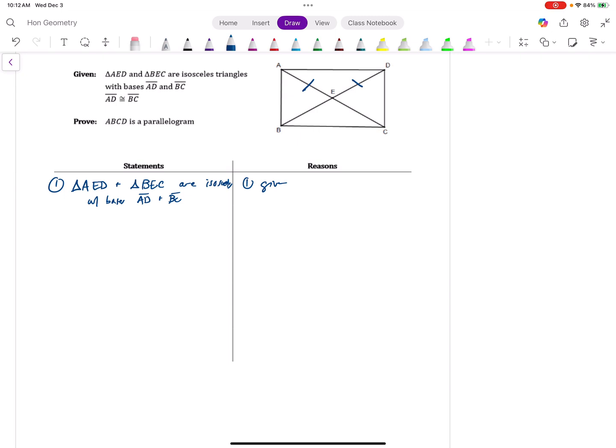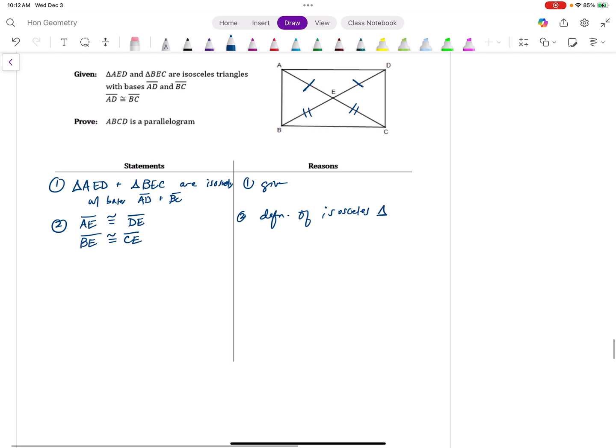And then this one, base BC, that means this is congruent to this. Okay. So I could say that AE is congruent to DE, and also that BE is congruent to CE, because that's just the definition of an isosceles triangle. So it's a triangle with at least two congruent sides.